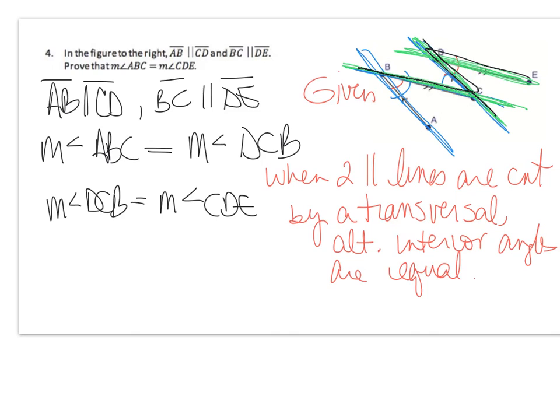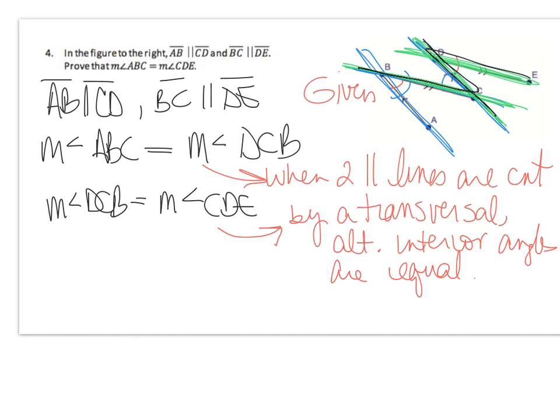And that is really the same reason. So for both of these, I've got the same reason. When two parallel lines are cut by a transversal, the alternate interior angles are equal.